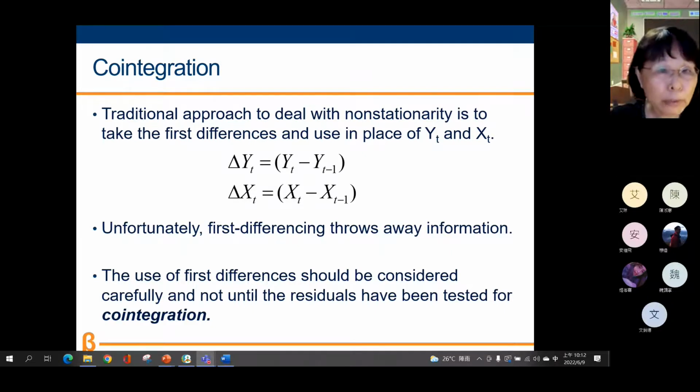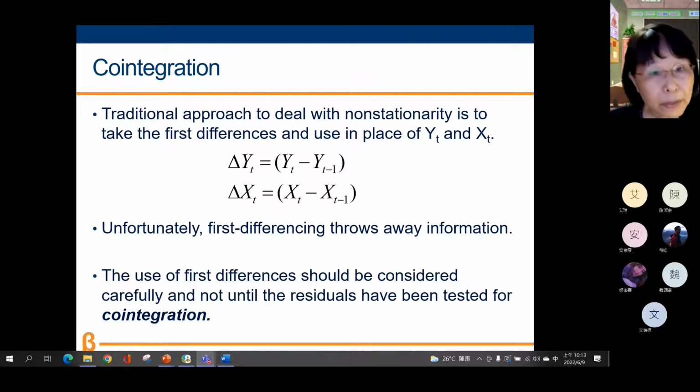The traditional approach to deal with non-stationarity is to take the first differences and use them in place of Yt and Xt, meaning use the first difference to replace the original Yt and Xt.